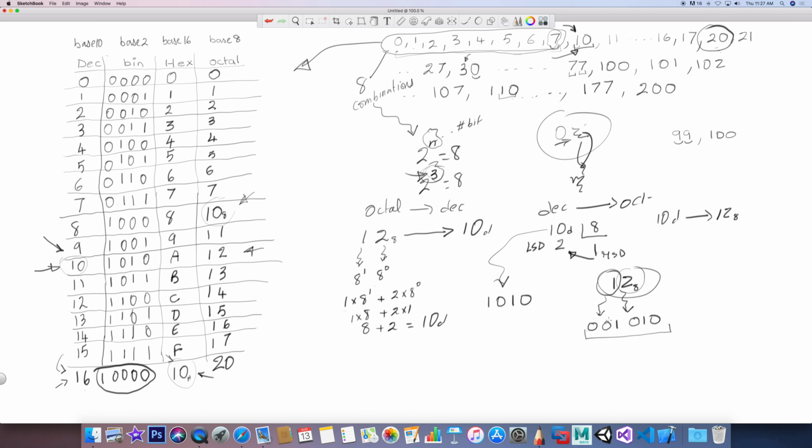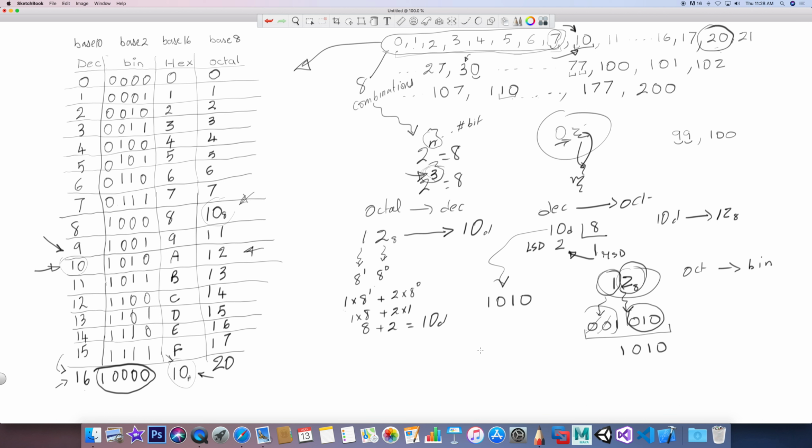Well, that would lead to this. This one are just padding zeros. So that takes me to 1, 0, 1, 0. Notice how easy the conversion is. Aha! So the conversion from octal to binary is fairly straightforward. Each octal digit is represented by 3 bits in binary.